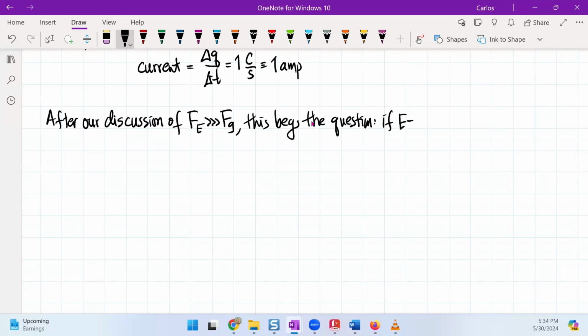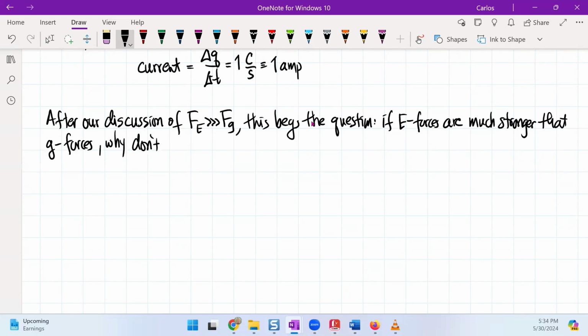If electric forces are much stronger than gravitational forces, why don't we feel electric forces more in everyday situations?